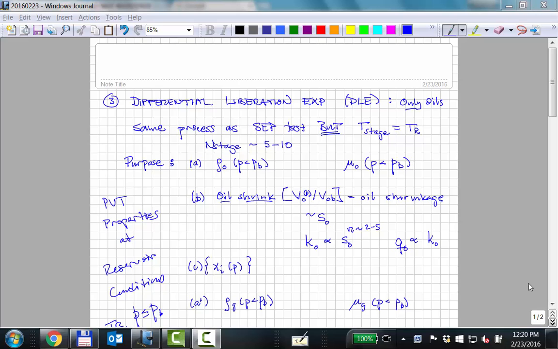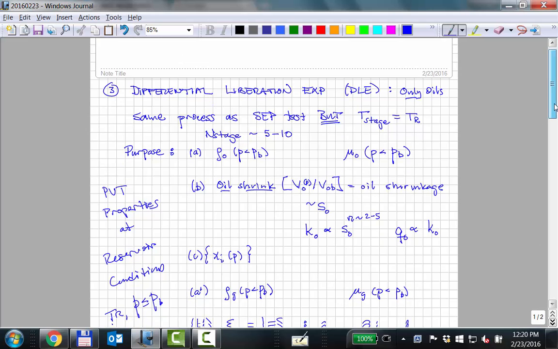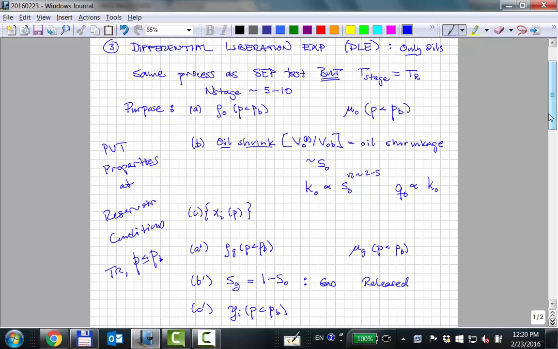The intention of that test is to measure properties of the oil and the gas that comes out of solution from the oil, namely the density of the oil as it loses gas coming out of solution, and the gas properties, the density of the gas itself, the viscosity of those two phases, oil and gas viscosity, and then how much the oil shrinks was an important property of this test.